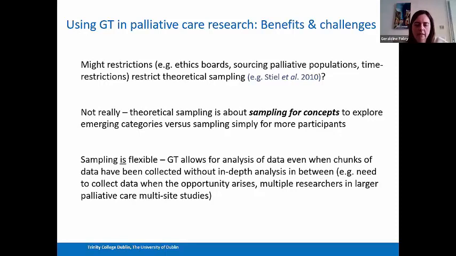It's not the case that one does an interview, analyzes, does the next interview. You can actually analyze large chunks of data in between, depending on the nature and the pragmatics of how you're conducting your research. So we speak to those issues in the paper also, in terms of the pragmatics of doing GT research in general, not just palliative care.